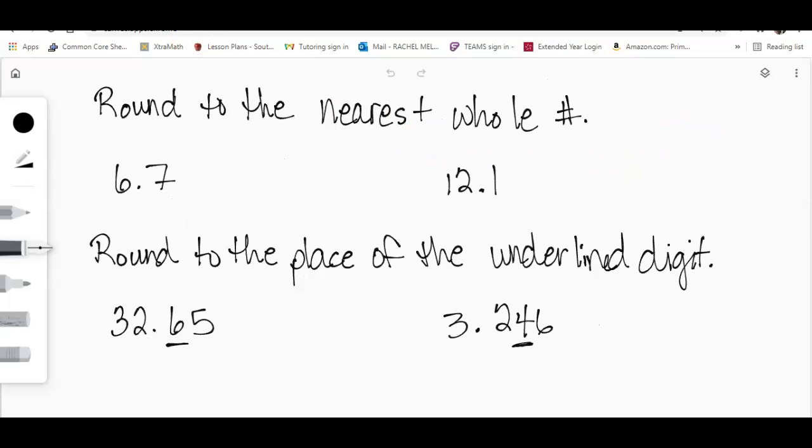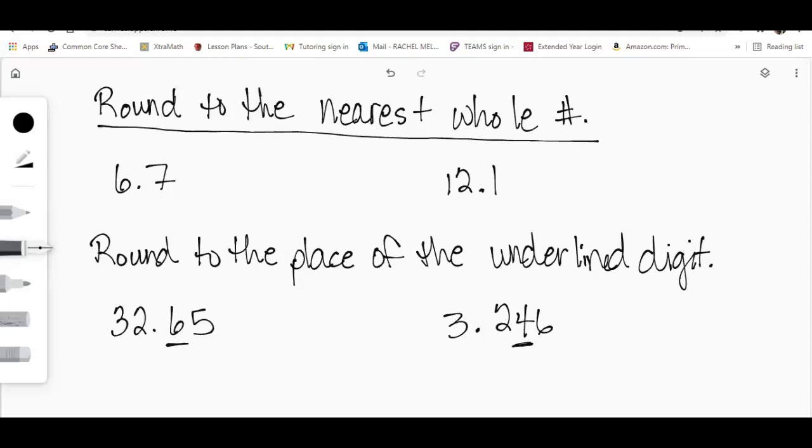So let's practice a couple. You're going to see these directions in your practice problems and your quiz today. So the first direction says round to the nearest whole number. Okay, so notice there's nothing underlined because the direction is telling me what to round.